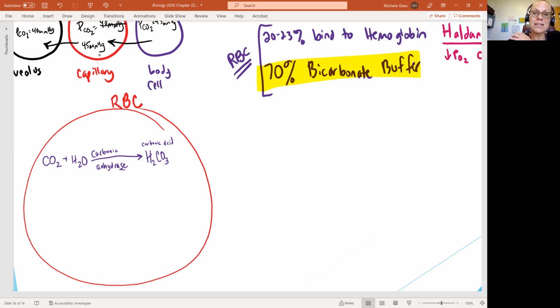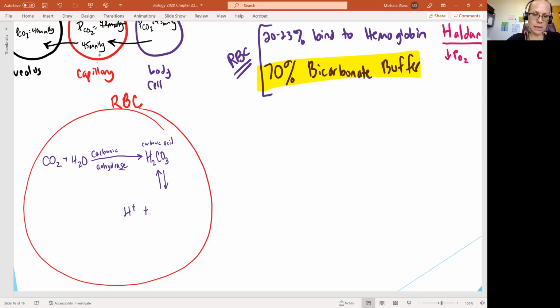Now, carbonic acid is a weak acid, which means it dissociates. I'm going to represent that by drawing arrows going in both directions. When it dissociates reversibly, it's going to be making hydrogen ions. So there's the low pH part.